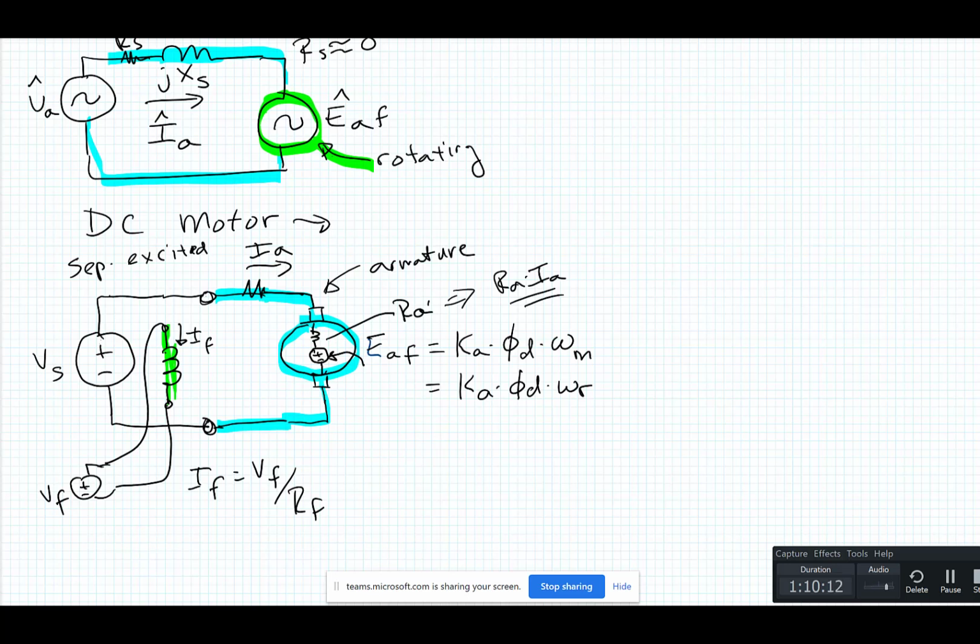You can kind of think of this whole thing as if you've got a rotating shaft, right? Here's your synchronous machine, omega R. It's the same. It rotates at the synchronous speed. And if it's a motor, you're going to put a torque out, a mechanical torque.